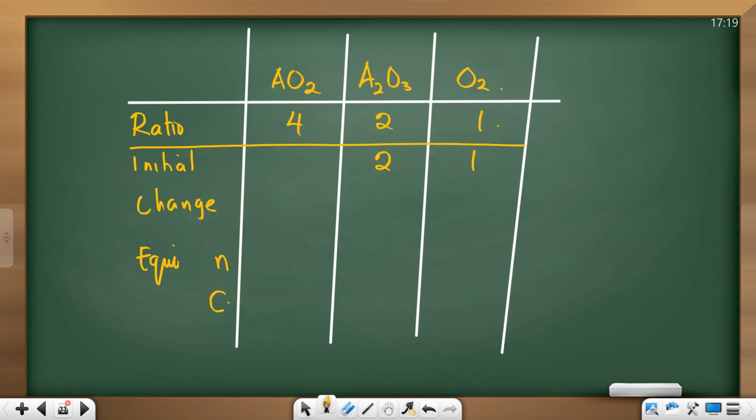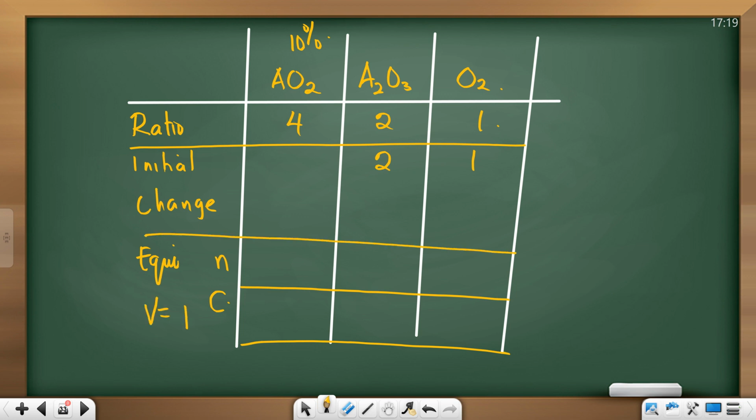All right, here it is. 10% decomposed. So this was what I said earlier on. We don't know the amount that decomposed. We're given the volume as 1. We don't know the exact amount that decomposed, but that amount is 10%.